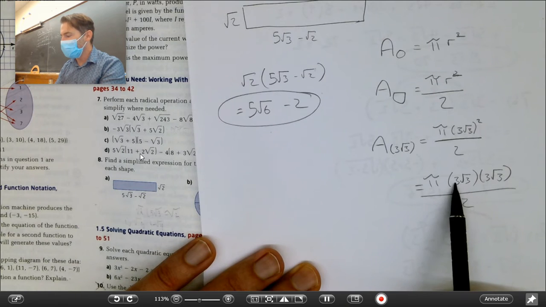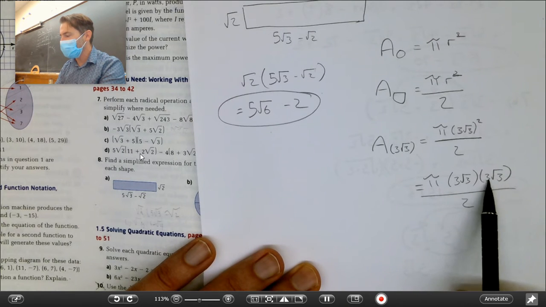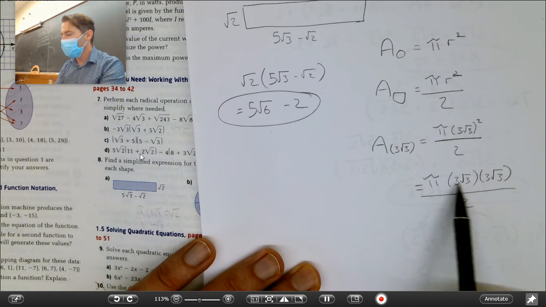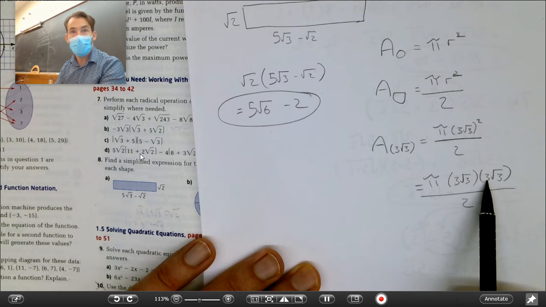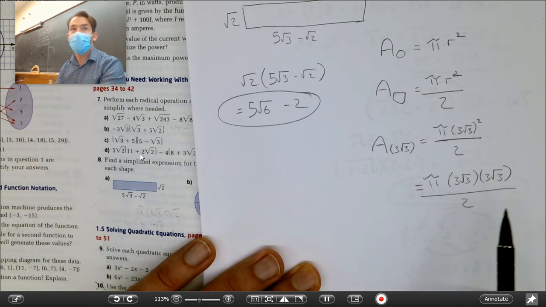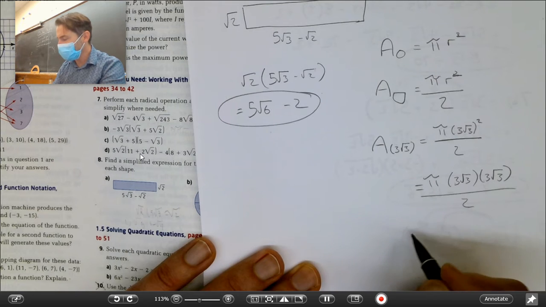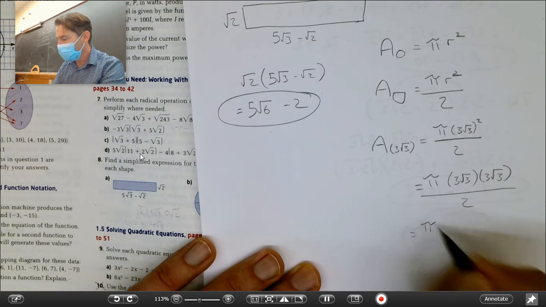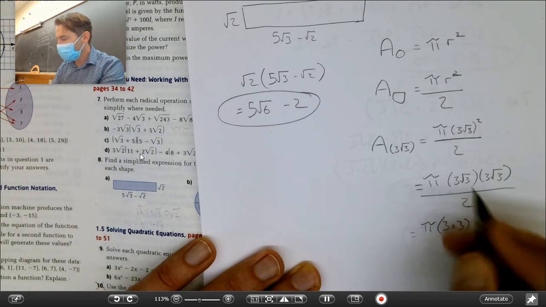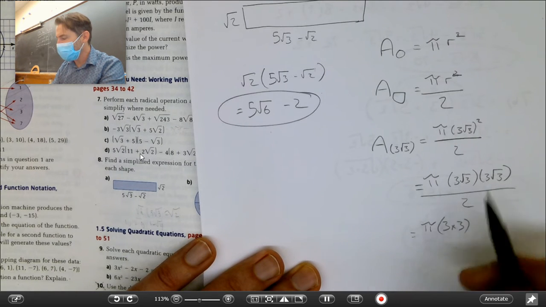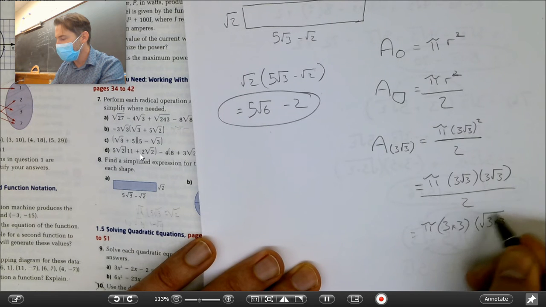When I multiply a mixed radical like this by a mixed radical, multiply the coefficient by the coefficient, multiply the radical by the radical. All right, so this will give me pi 3 times 3. That's this 3 and that 3 multiplying, the two coefficients, multiplied by 3 times 3, all inside the radical.